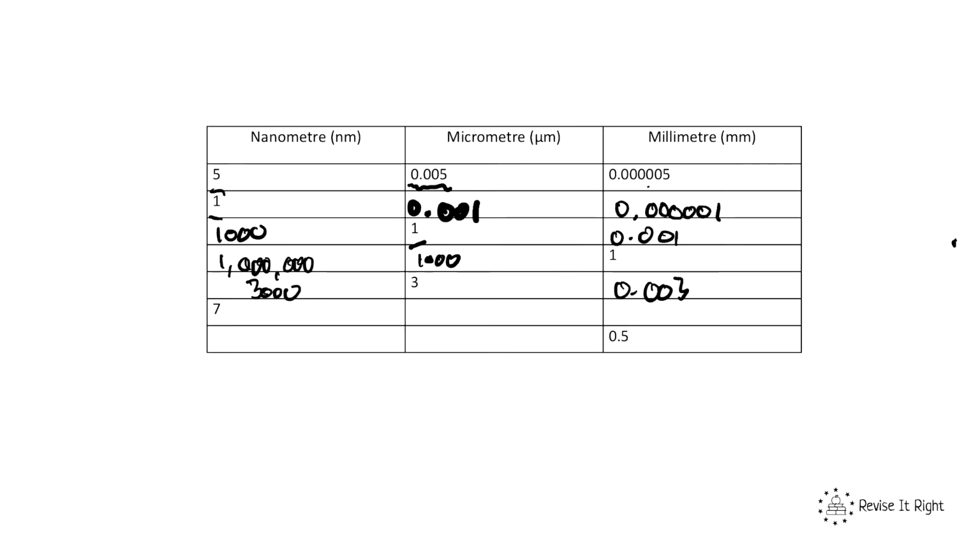To get from 7 nanometers to micrometers, we've got to divide by 1,000, so 0.007, and divide by 1,000 again to get into millimeters, so 0.000007. And finally, millimeters to micrometers, so 0.5 times 1,000 gives us 500. And then 500 times 1,000 to get micrometers to nanometers equals 500,000. So I hope you got all those correct. If you did not, you may need to go back and relook at converting units.